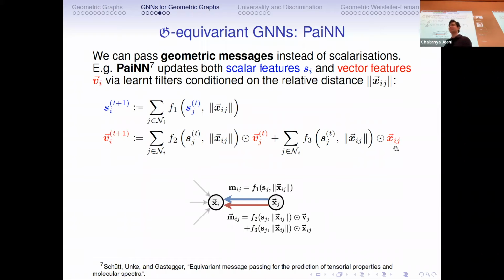Yes. There's a question online. It's saying, I'm a bit puzzled by the use of the term equivariant, which in dynamical systems means that your vector field commutes with the symmetry group. I don't see the commutation in that. Great question. Maybe for the purposes of the talk, we haven't been as precise as we'd like to be, but you could imagine these vector features or generally tensor features as vector fields attached to each node in your graph, or tensor fields attached to each node in your graph.